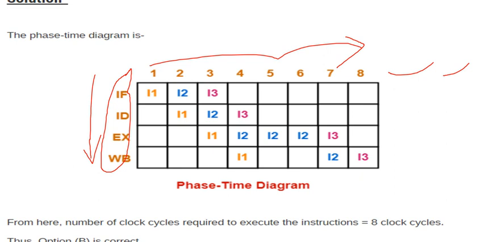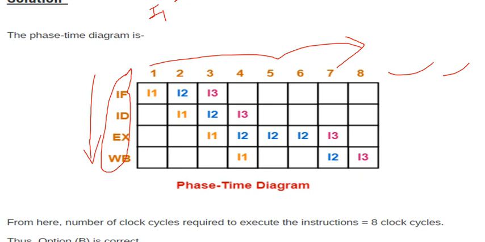So we will start with instruction I1. We can draw the diagram in which we have the phases and the number of clocks required. For I1, we have the IF stage, then the ID stage, then the X stage, and then the WB stage.